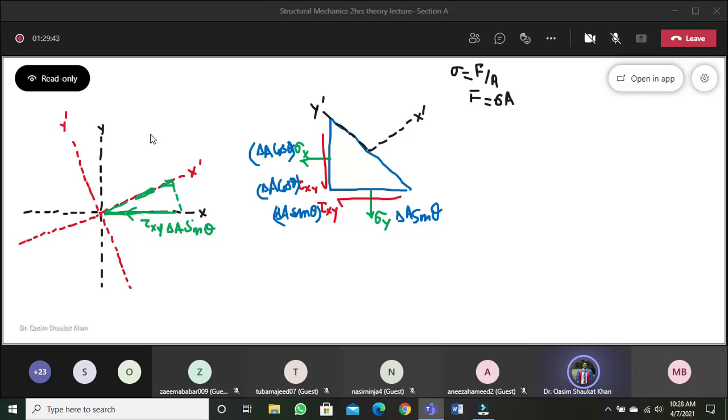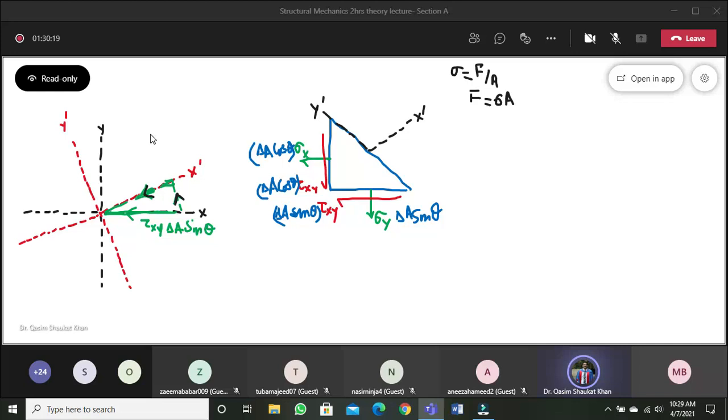Its two components about the y dash axis is this one, and about the x dash axis is this one. Guys, please make sure that you have correct directions of these arrows, because later on you are going to sum up the forces about the x-axis and y-axis for the calculation of sigma x dash and sigma y dash.